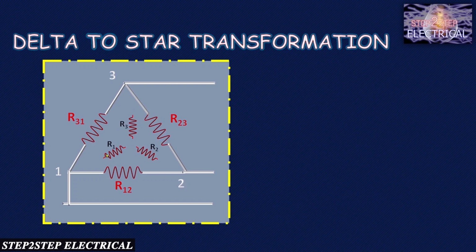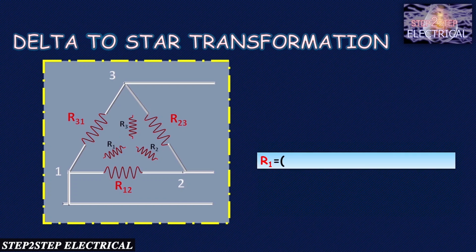First of all we will write the formula for R1 and then we will understand R2 and R3. For R1, R1 lies between R12 and R31. So find the product of R12 and R31 and then divide by the sum of all these resistors, that is R12 plus R23 plus R31, and we will get the value of R1. From this we get the idea how to find R2 and R3.